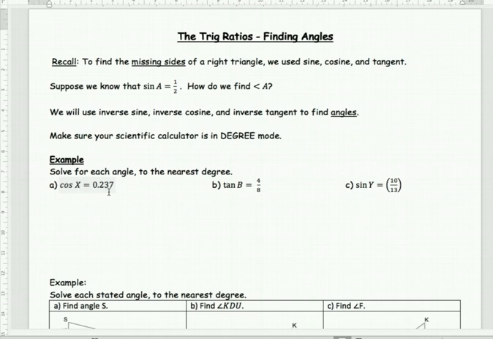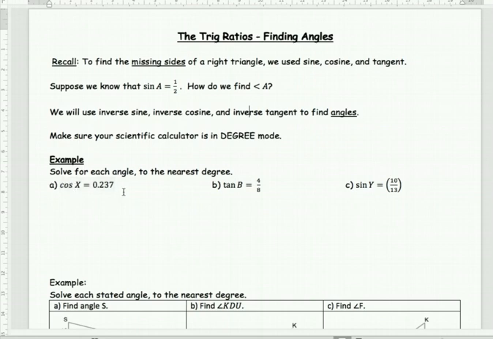If you look at this first question, cosine x equals 0.237. It's kind of like the number that you used to have here, 1 over 2, 3 over 4, 4 over 5. So basically that number is that ratio that you used to have to find the missing side for, and so forth. So now, given this, can you find the x value?